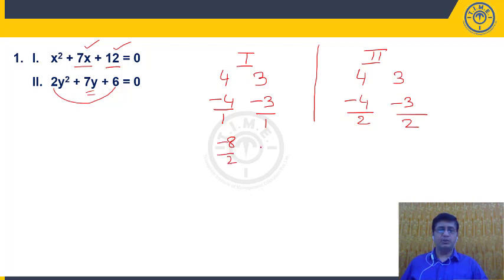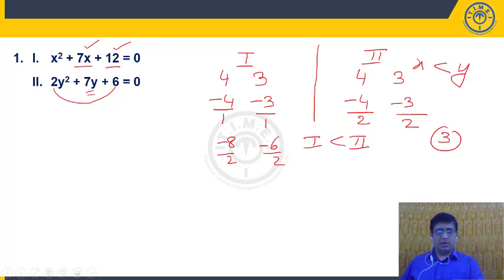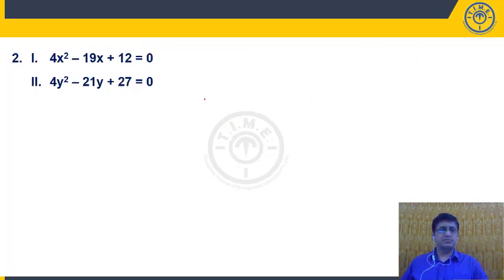Minus 8 by 2, minus 6 by 2, and here minus 4 by 2 and minus 3 by 2. So minus 8 and minus 6 are less than minus 4 and minus 3. So what is the conclusion? Now the roots of equation 1 are less than those of equation 2. The right choice is option 3, x is less than y. Okay, am I clear? Now look at the next example, the second example.